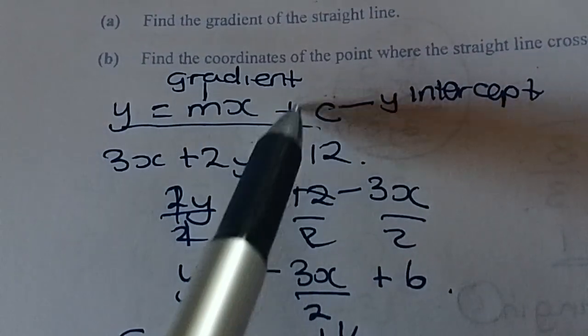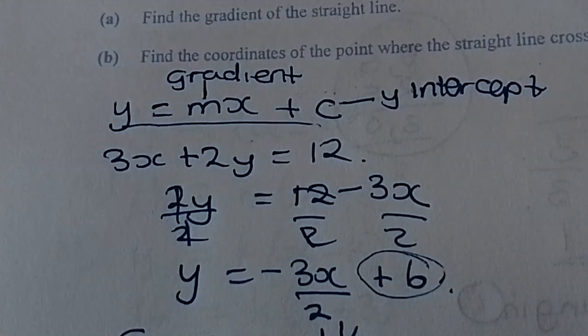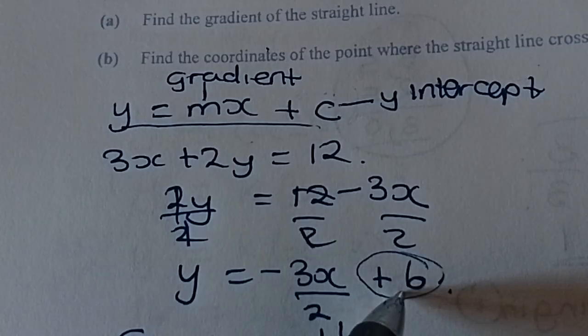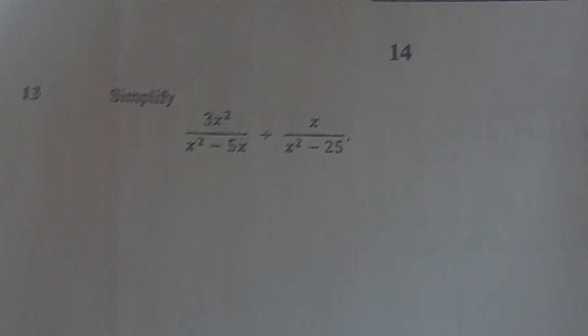So at this C, what is our C here? It is plus 6. So the coordinates there, this is the y coordinate and the x coordinate is 0. So it's 0, 6. That's our y-intercept. Moving on to number 13.